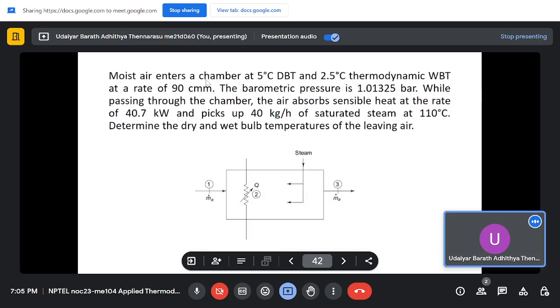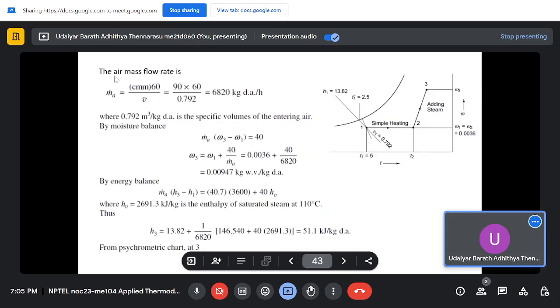Mass of airflow is 90 cubic meter per minute. So 90 into 60, we have to convert it into per hour, divide by specific volume. So 90 into 60 divided by 0.792 will come out to be 6820 kg of dry air per hour. This is the mass flow rate of air which is coming in.